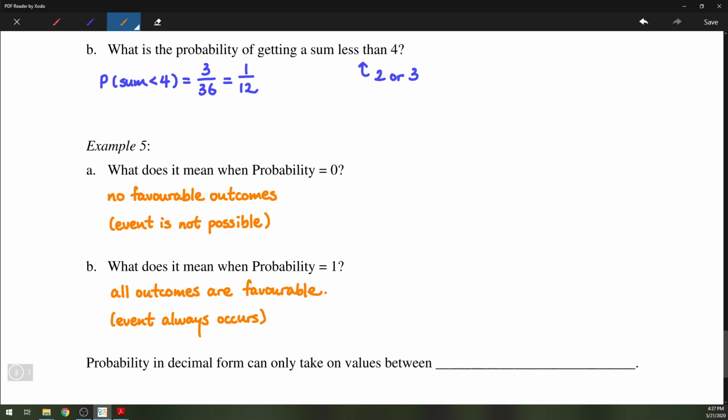Now, because the theoretical probability is the number of favorable outcomes divided by the total, if there's no favorable outcomes, you get 0. If every outcome is favorable, you get the total divided by total, which is just 1. So that means probability in decimal form or in fraction form is always going to be between 0 and 1.